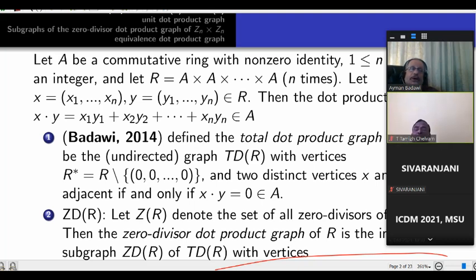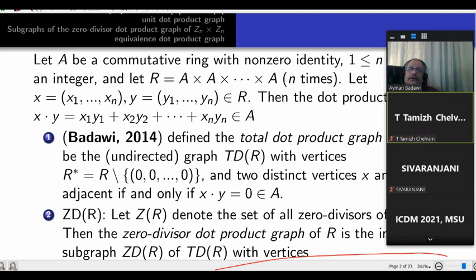So if we stop for a minute, let's assume that n here is 1. If n is 1, then your R will be just A. So this definition written for n equals 1 will be exactly the classical zero divisor graph of a ring.